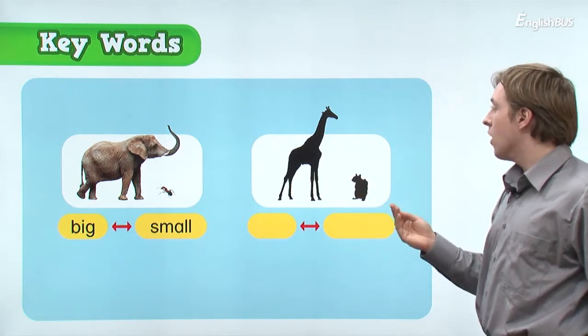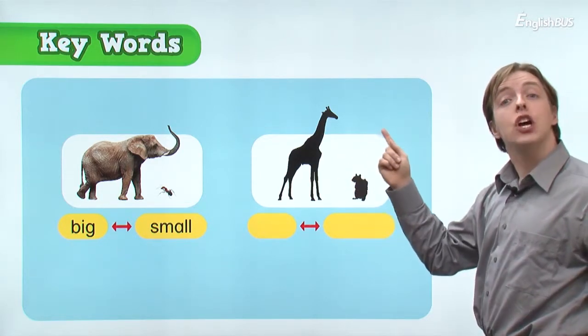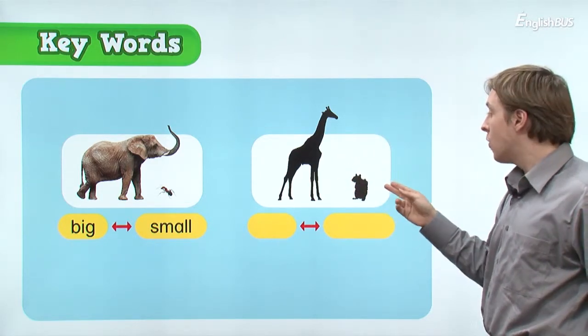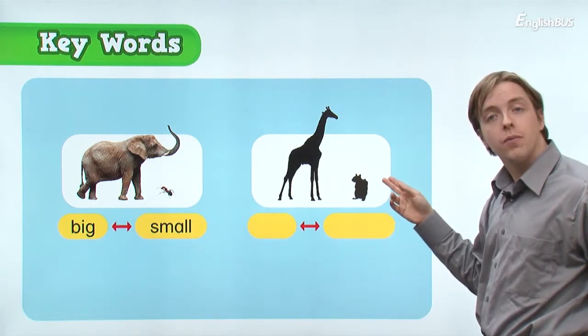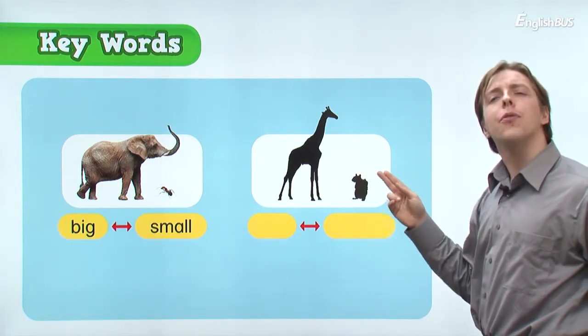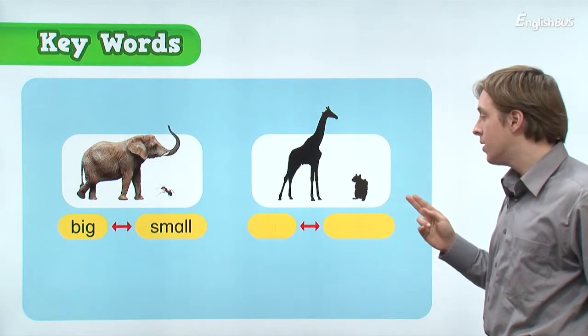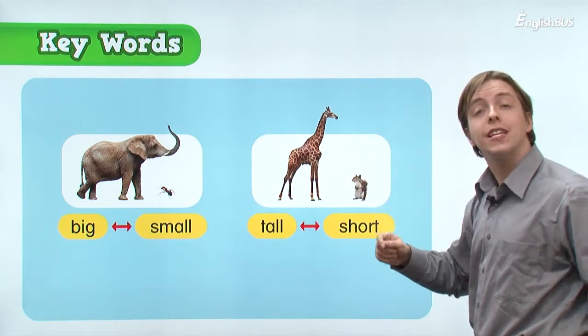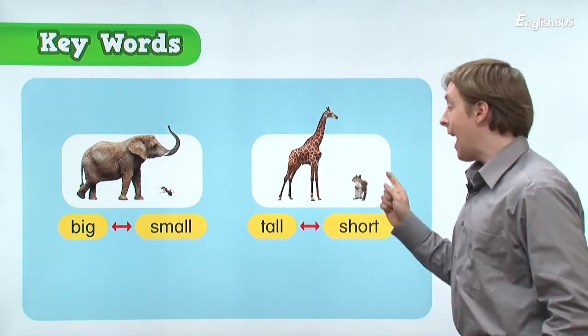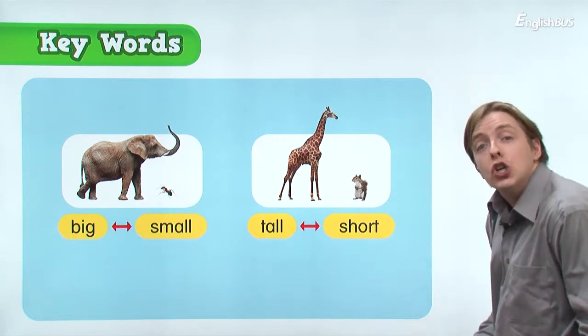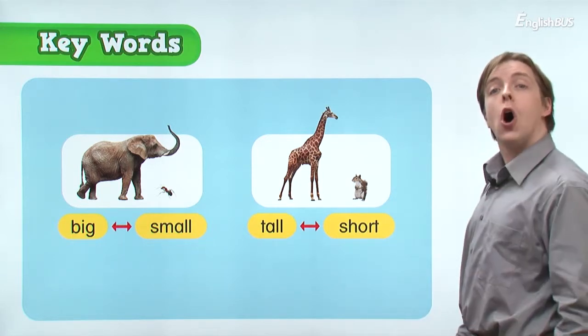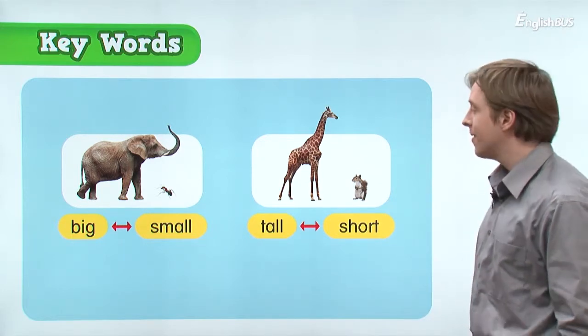What about over here? So here we have a giraffe and over here a squirrel. So how are these animals different? Well, a giraffe is very tall and a squirrel is very short. Tall, short.